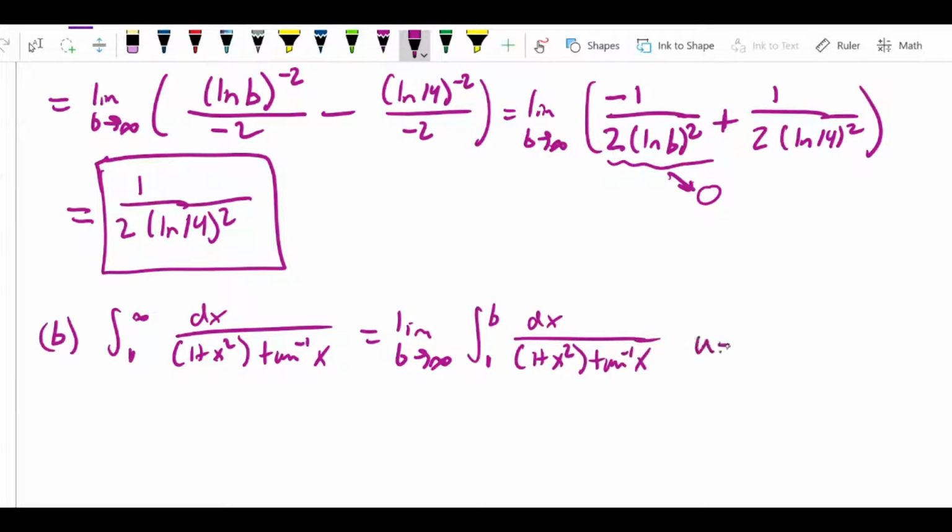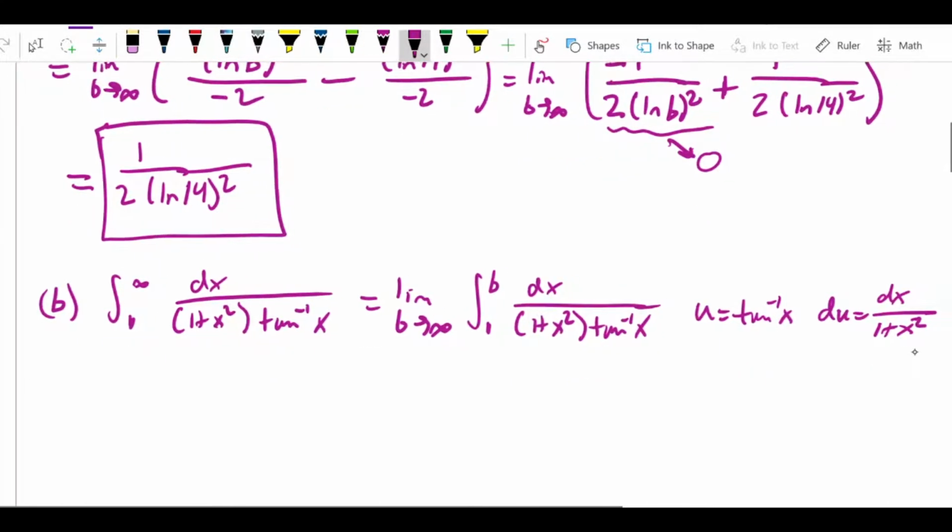And let's let u equal arctan x and du equal dx over 1 plus x squared, since that's the derivative of arctan x. What we can see now is that we have the limit as b approaches infinity of the integral from 1 to b of just du over u.